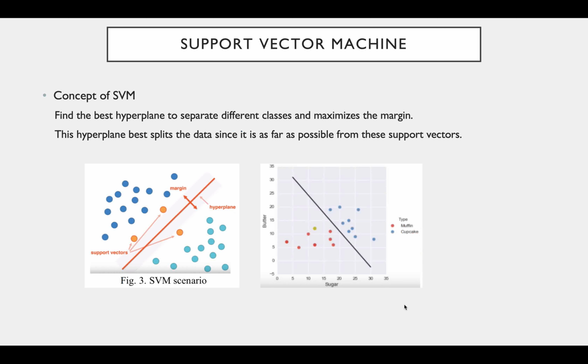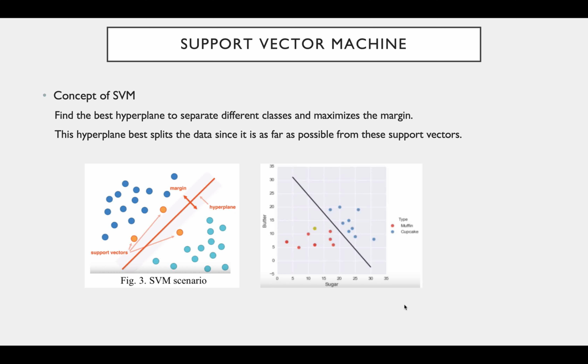That is the gray rectangular area. Based on the support vectors, those three data points, this hyperplane splits the data since it is as far as possible from these support vectors.